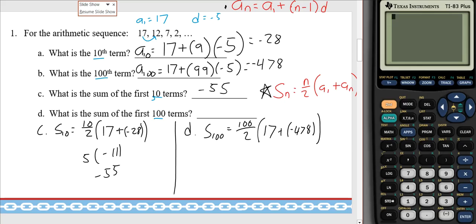So in my calculator, 17 minus 478. So I get 50 times negative 461. Times 50. So my answer here, negative 23,050.